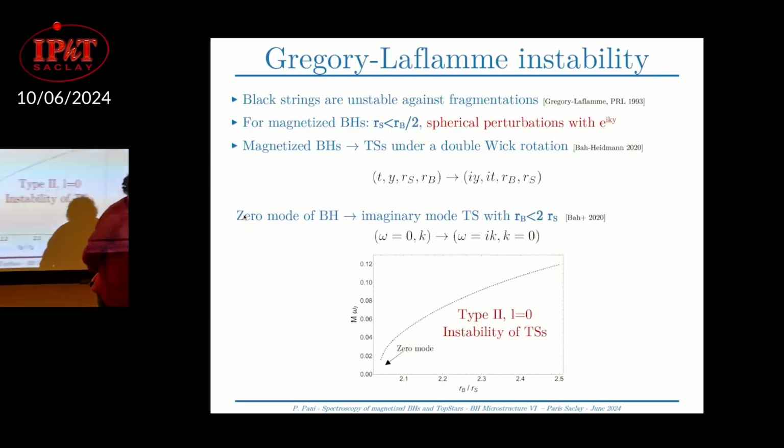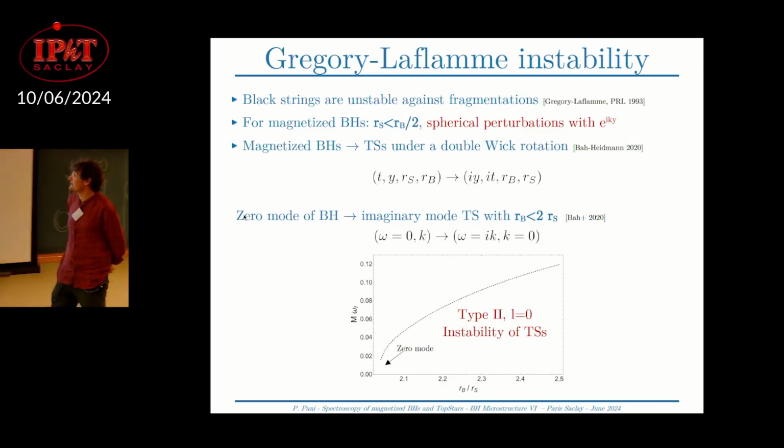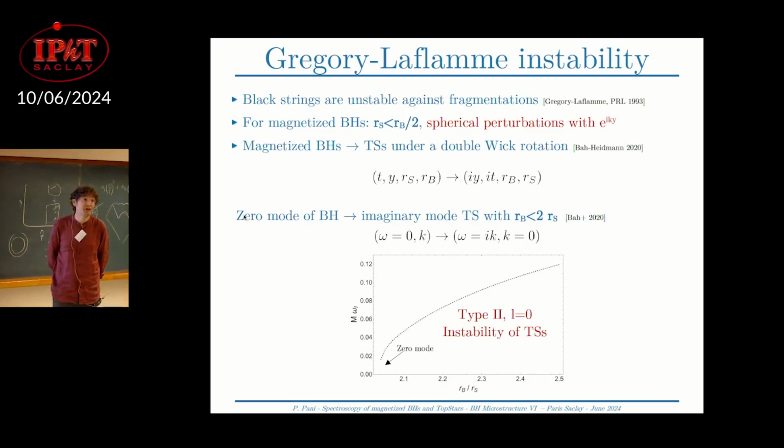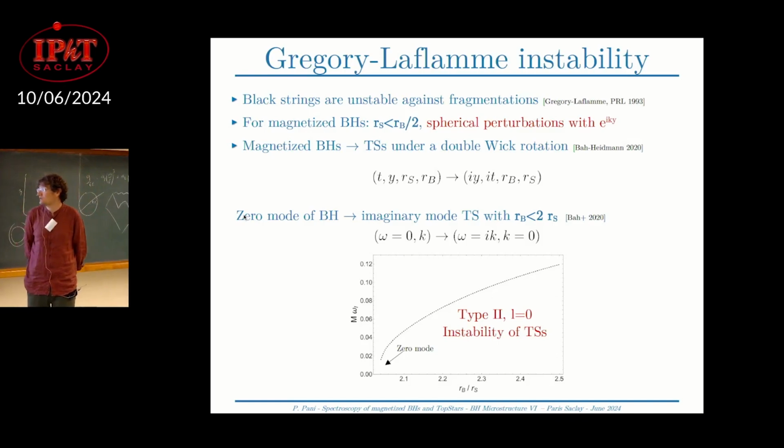I would say the only thing we know is how the eigenfunction looks, which I believe peaks near RB. I have to say we didn't look into that, but in principle we can try to see whether there's a relation.